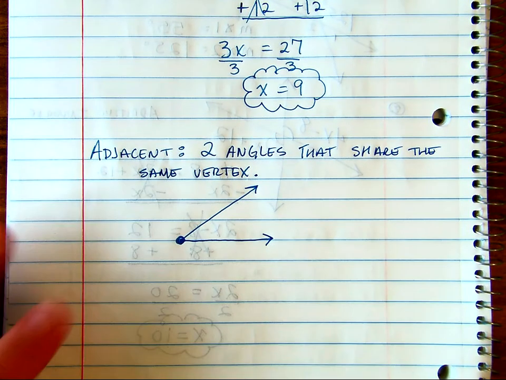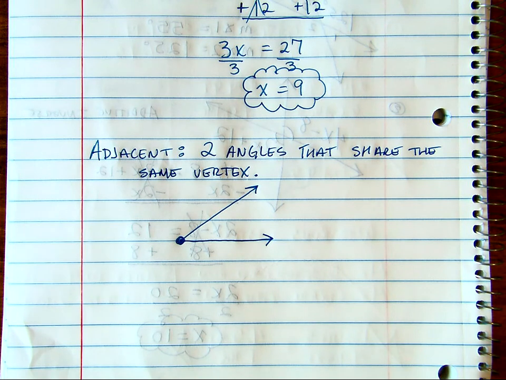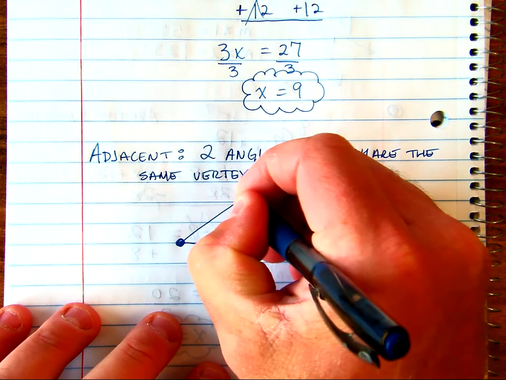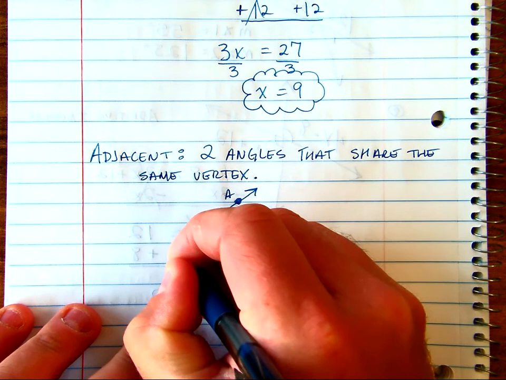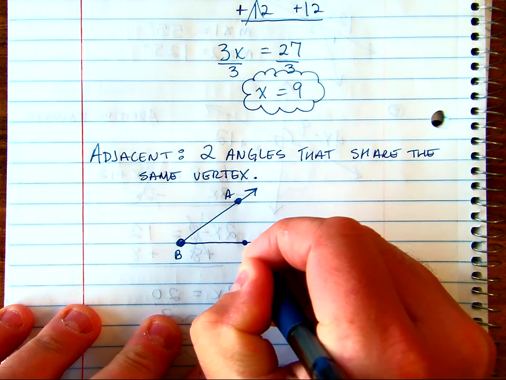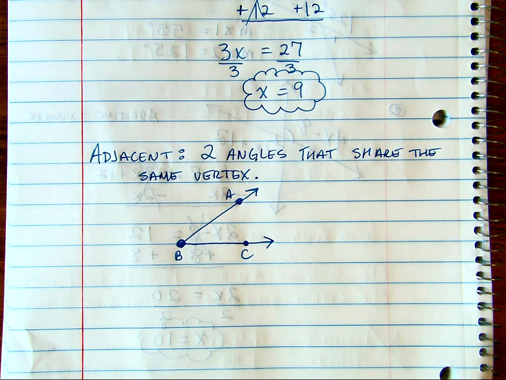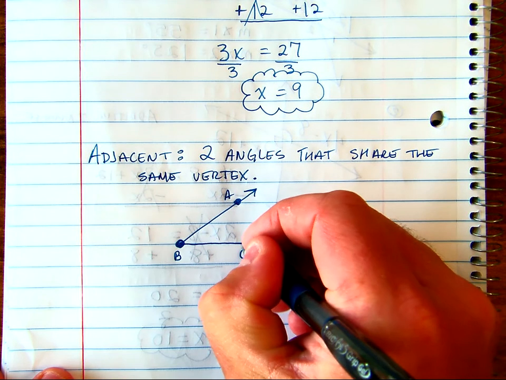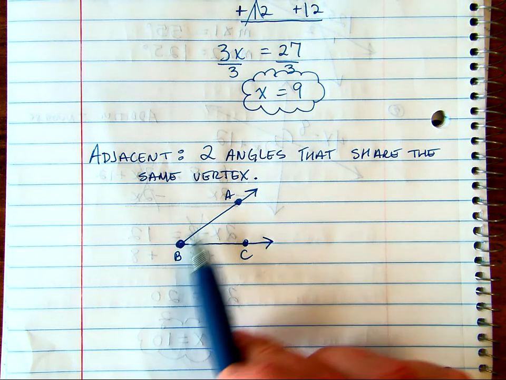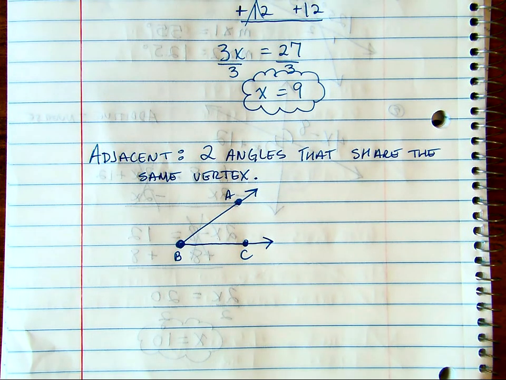How many angles do I have right here? How many angles do I have right there, Stephanie? Right here. How many angles do I have? 3? 3 angles. Nope, I do not have 3 angles. No way, no how.